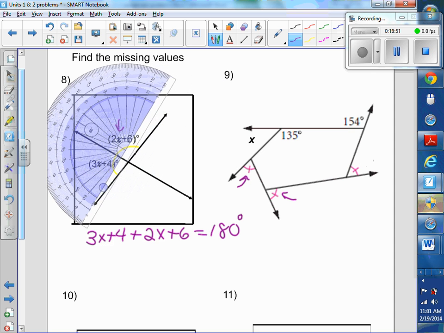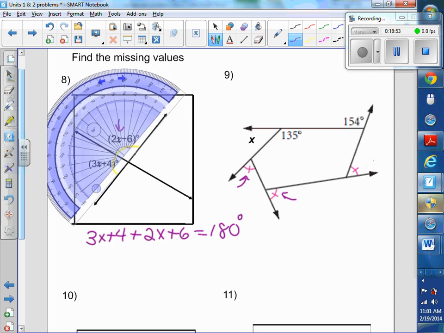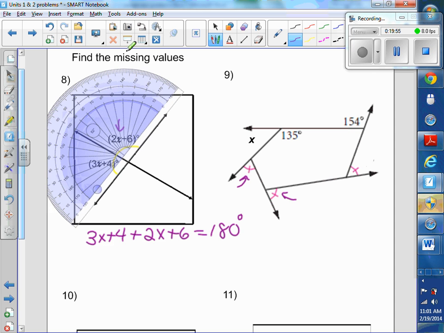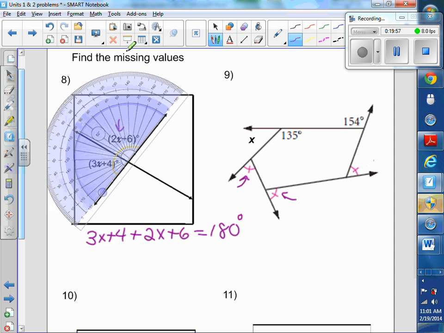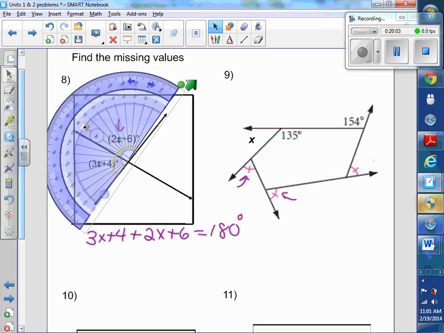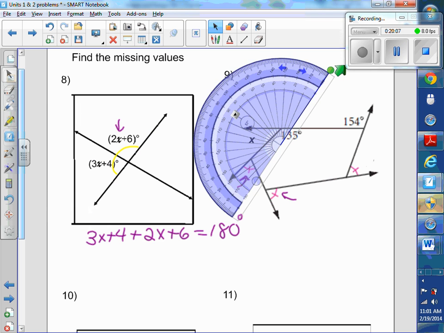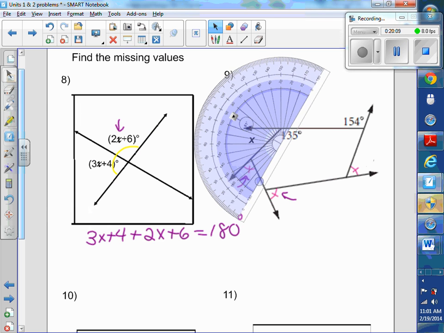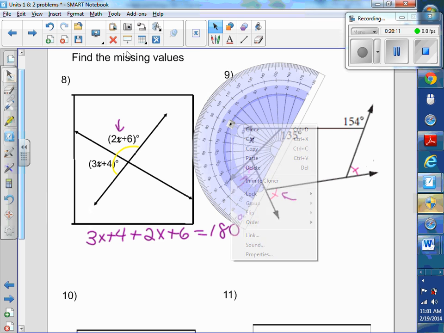In general, a straight line has a measure of 180 degrees. Those are supplementary angles.